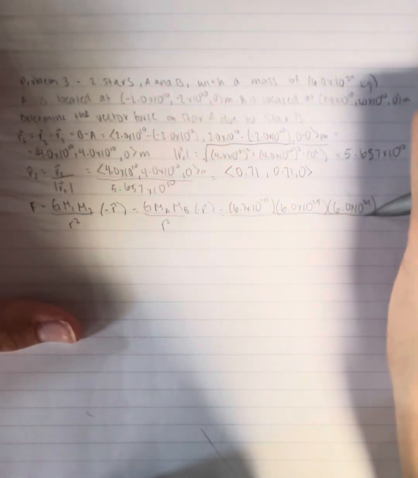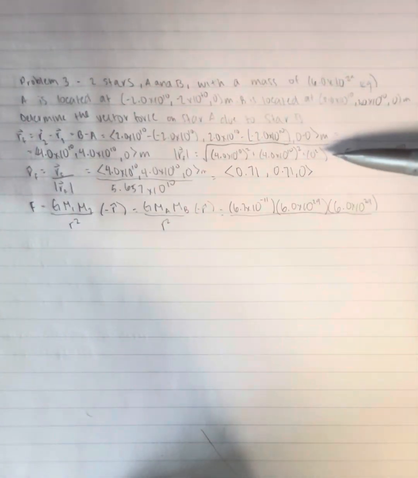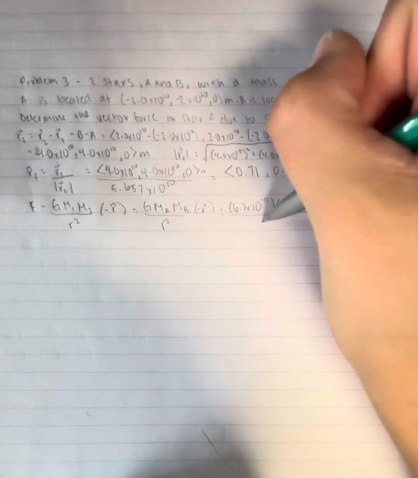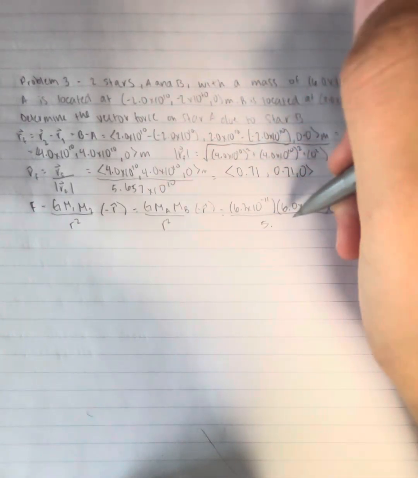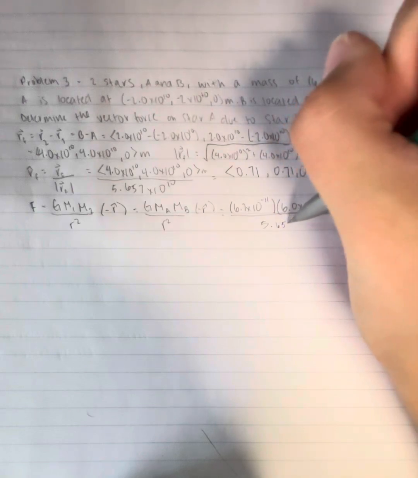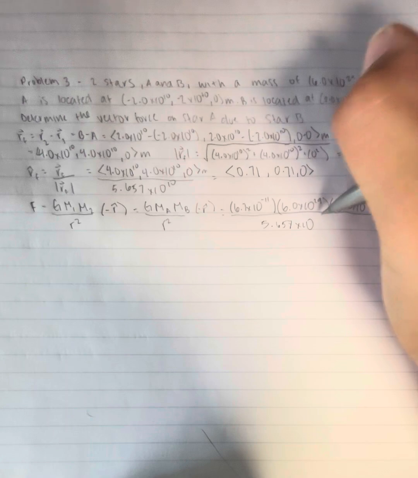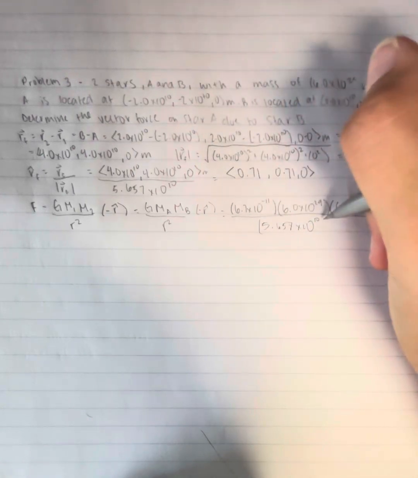And then over r squared, which is the magnitude that you found from taking the square root of the vector that you got. So this would be 5.657 times 10 to the 10th squared, because the bottom is squared.